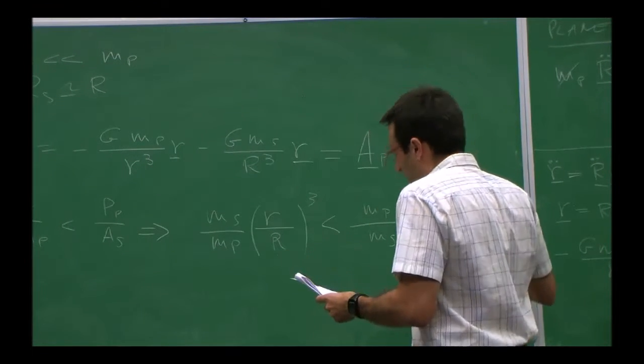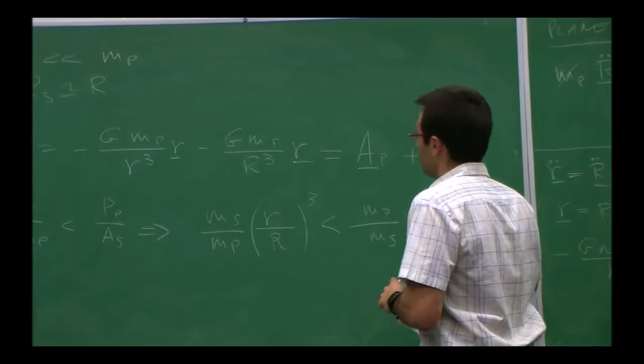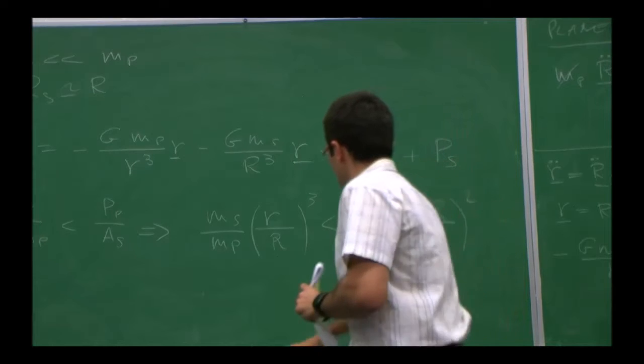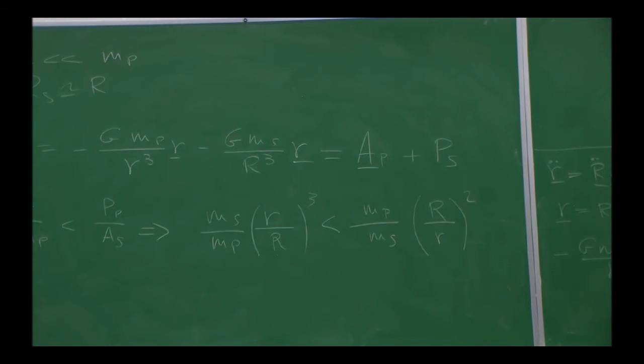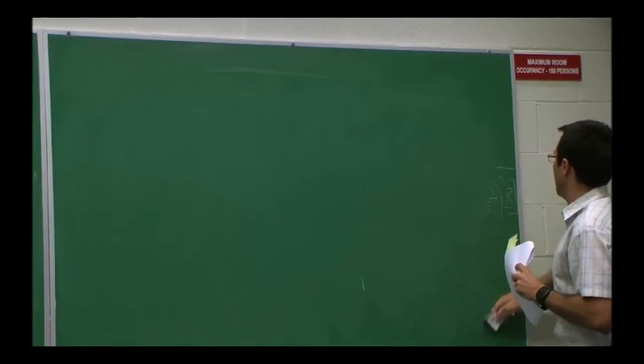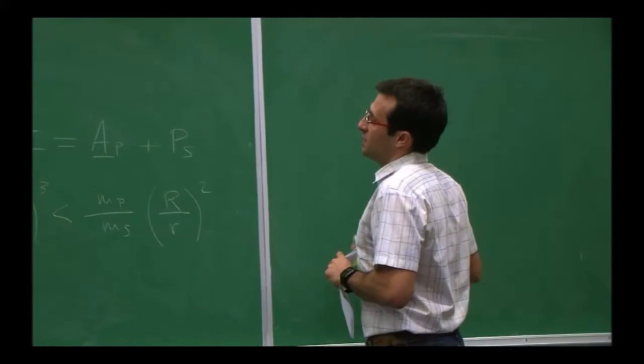I think I can just call it R because that's what I have assumed, right? So R over little r squared. And so if I keep going with this, so of course when they are equal, that would be my sphere of influence. That's the definition of sphere of influence. If that relationship holds like that with the less than, you are inside the sphere of influence. When you are at the equal, you get the sphere of influence.